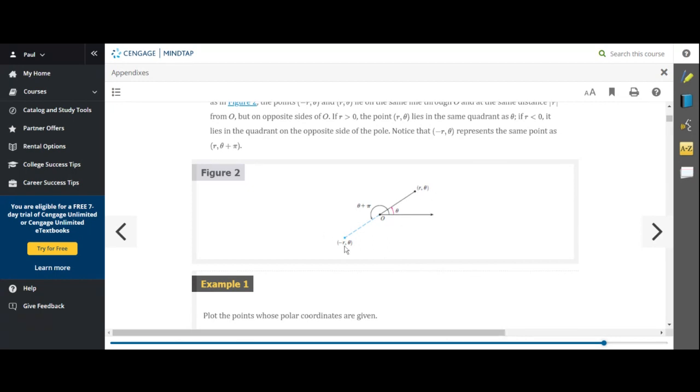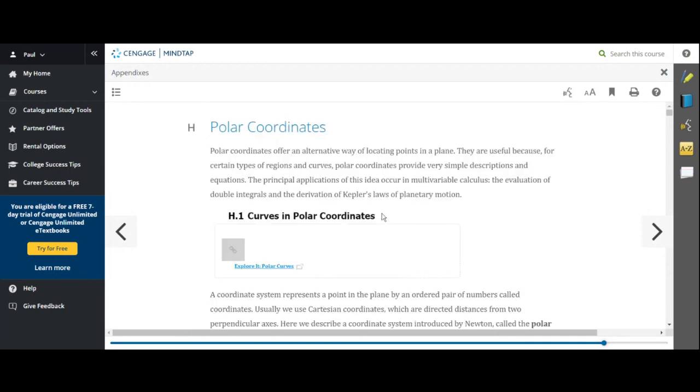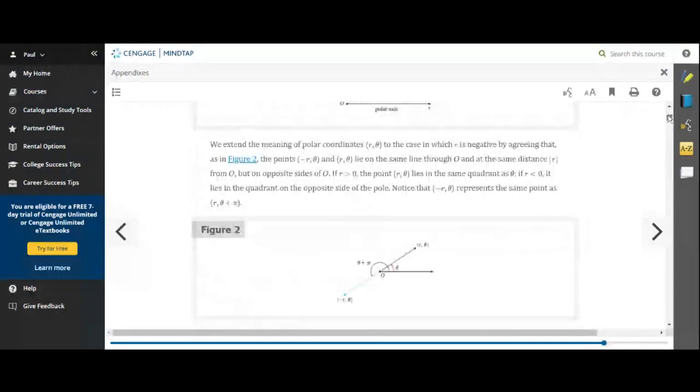But to get the negative r, theta polar coordinate, what you do is you measure an angle theta from the positive x-axis, but then you move backwards a radius r. You're not moving forward a radius r, you're moving backwards a radius r, and that gets you to negative r, theta.